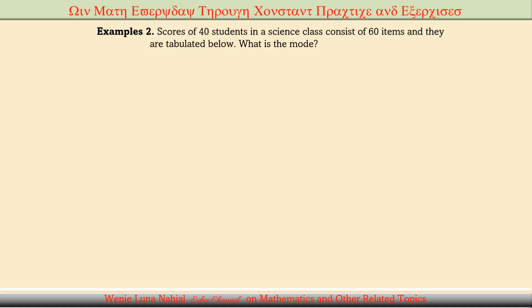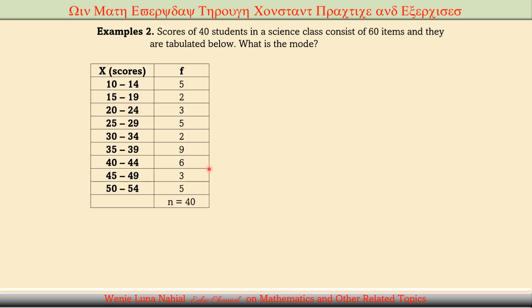Now, illustration. Scores of 40 students in a science class consist of 60 items and they are tabulated below. What is the mode? Here, we have the first column, that's the score intervals. Then the second column, that's the frequency. So first, we have to determine the modal class.